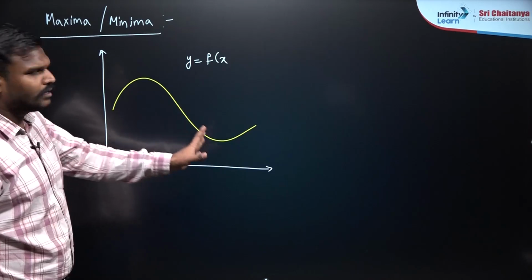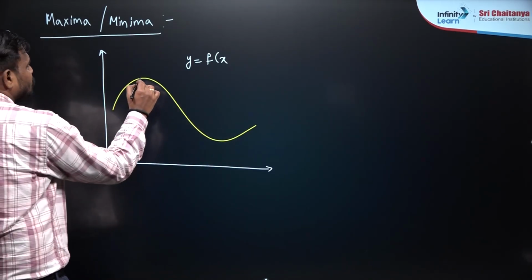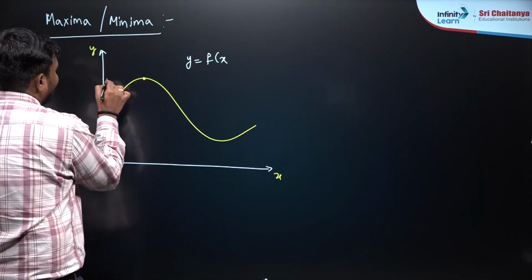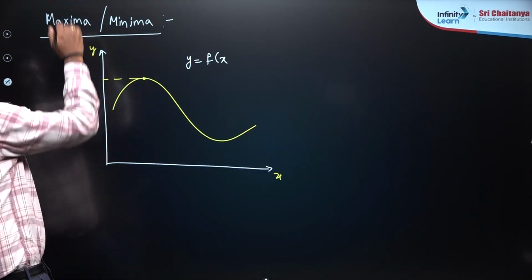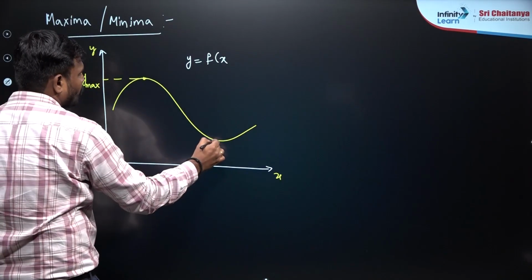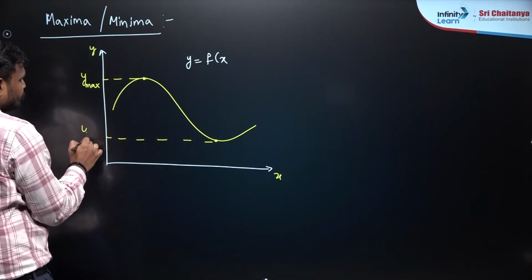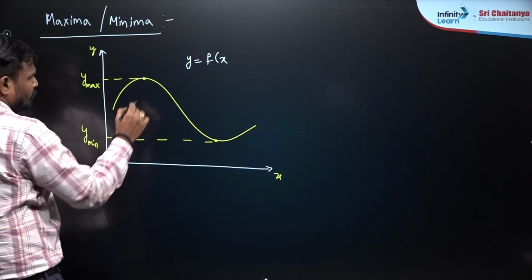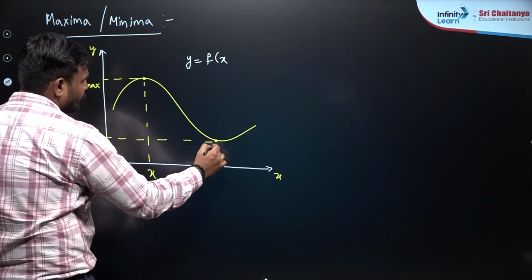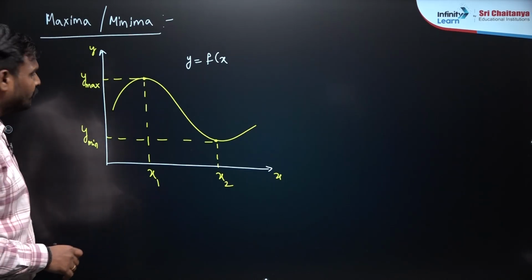In this whole graph there is one specific point where the value of y is the highest and one specific point where the value of y is the lowest. Y is maximum at x1, y is minimum at x2, let us say, correct?